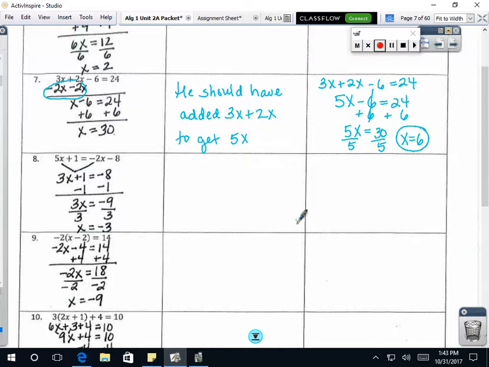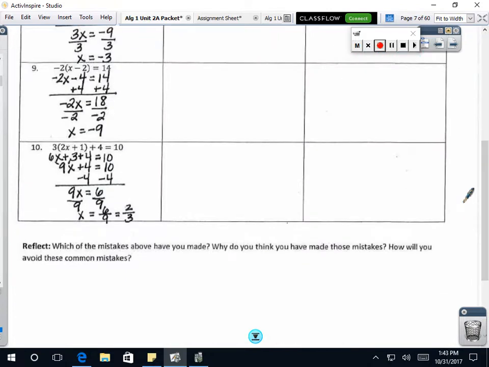All right, number 9. Has everybody finished copying? The original question is negative 2, parenthesis, x minus 2, parenthesis, equals 14. So if you were working that problem, what would you do first? Distribute.